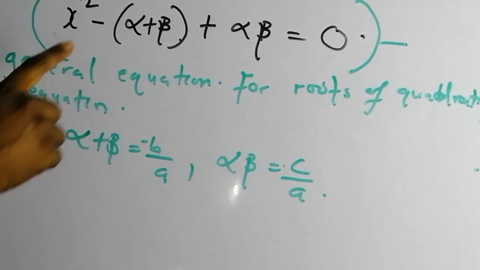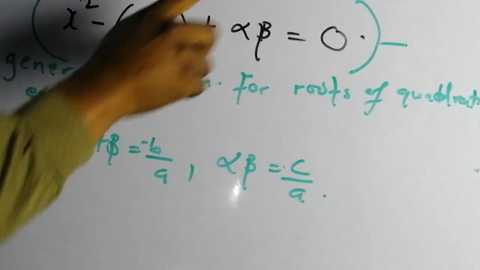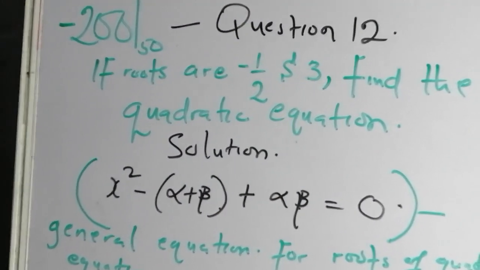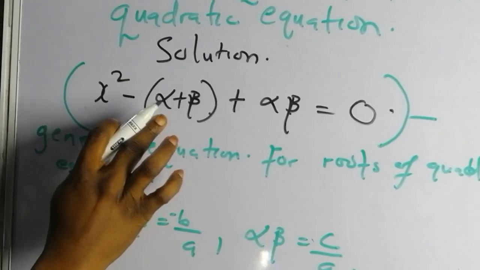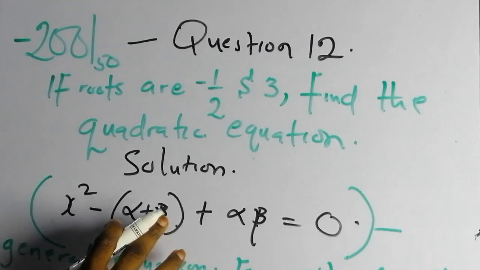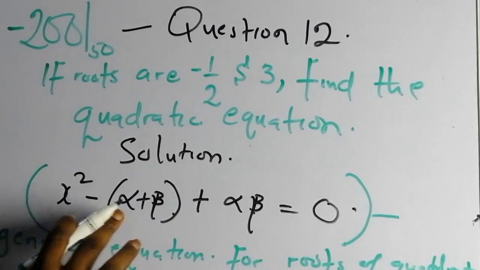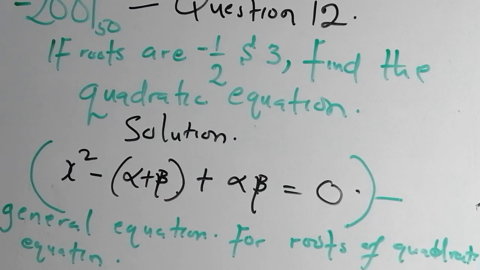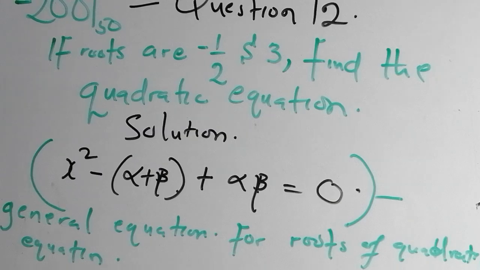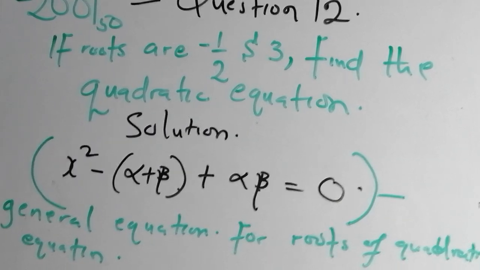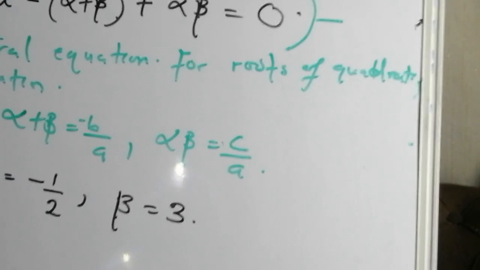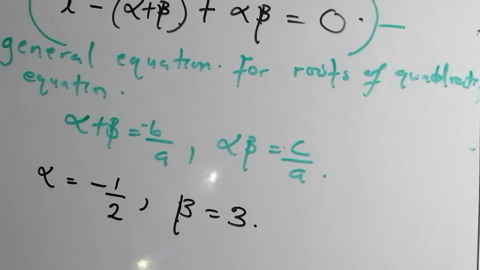So now they've given us the roots of the equation. This implies that the name of the roots is alpha and beta. Alpha and beta are the roots. So alpha equals minus half, and beta equals 3. So I should just go straight to the quadratic equation.